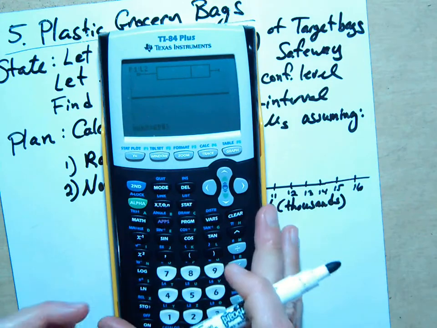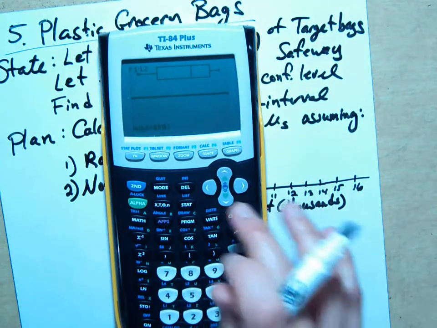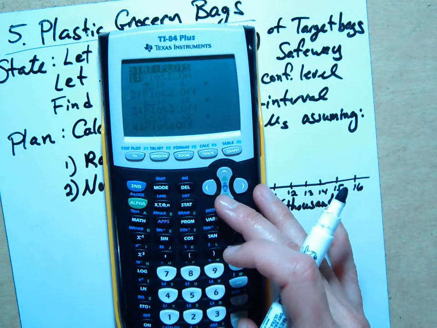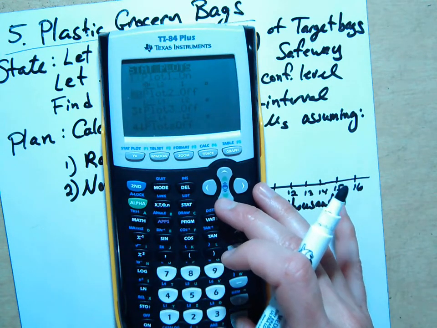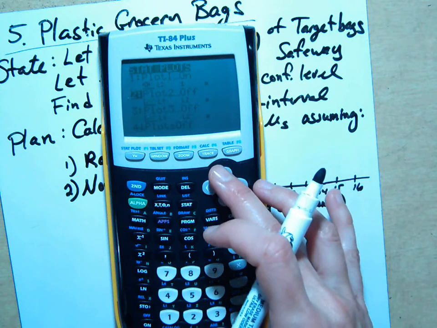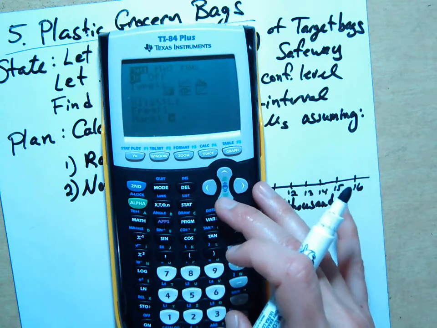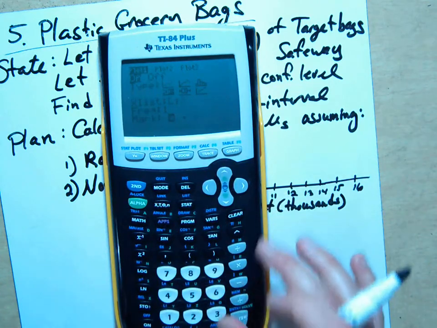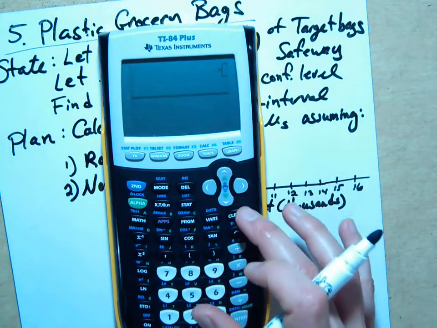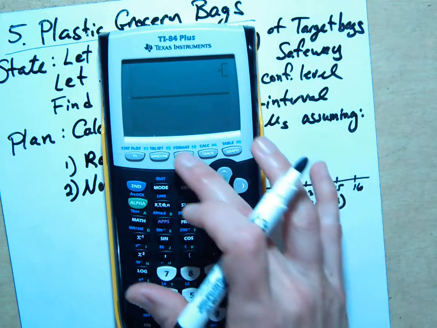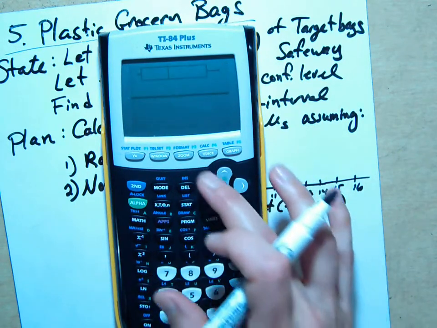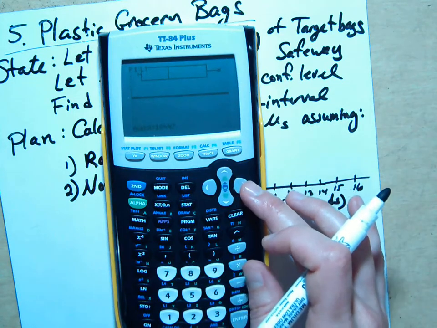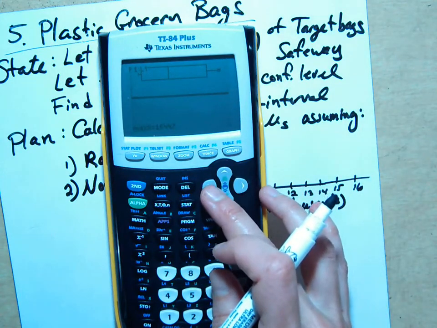Then you can turn on the other one too, or you can just use L1 instead and do graph, and then zoom 9 and trace so that you know where the key points are on there.